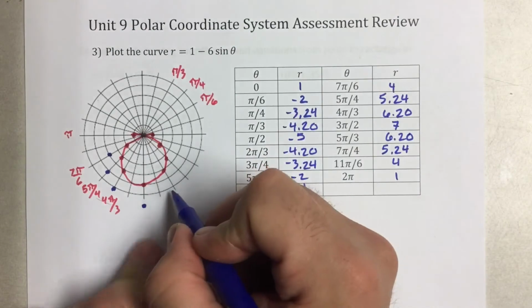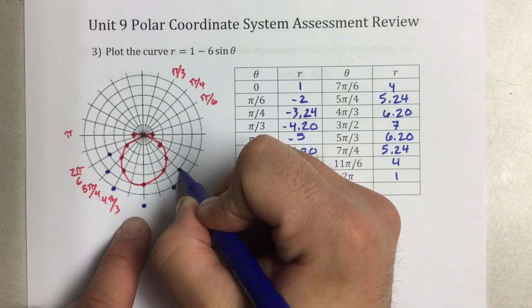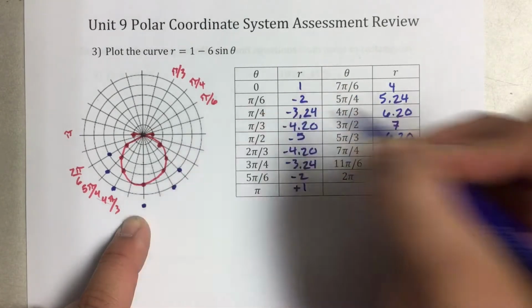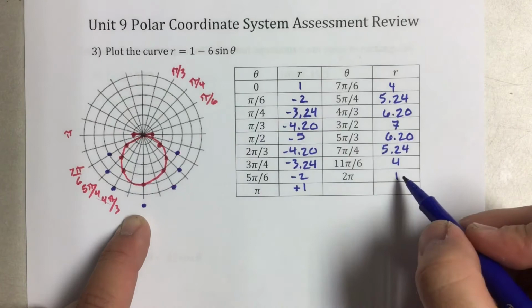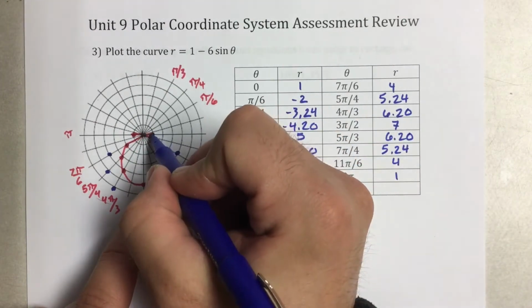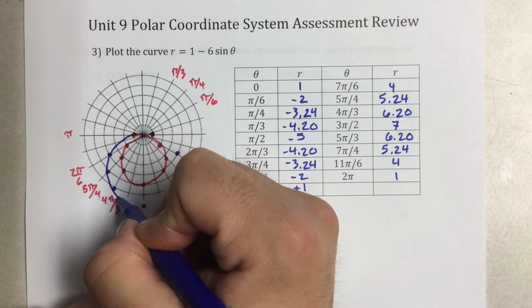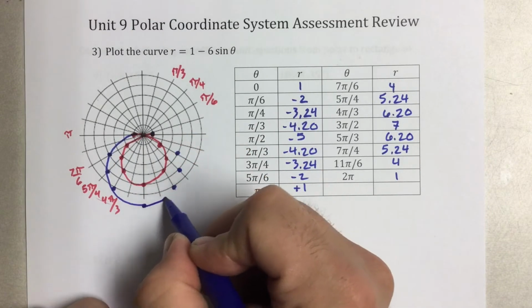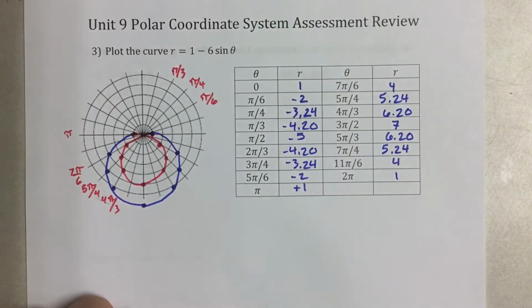And then I just start seeing some symmetry. And at 2 pi, we're back at 1. So there we go.